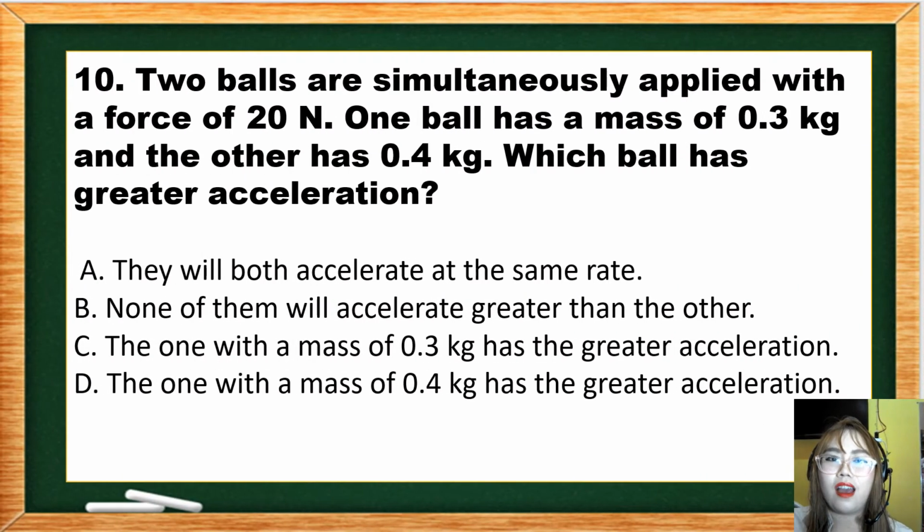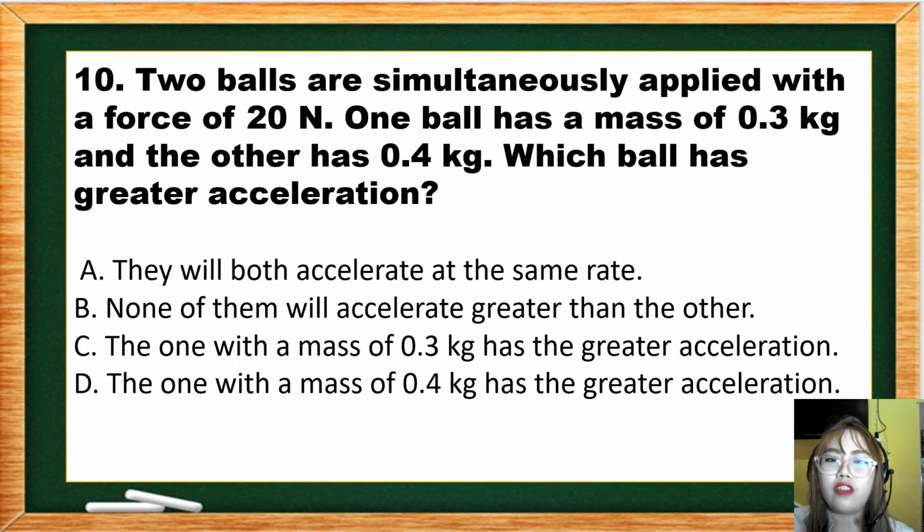Number 10. Two balls are simultaneously applied with a force of 20 Newton. One ball has a mass of 0.3 kg and the other has 0.4 kg. Which ball has greater acceleration? A. They will both accelerate at the same rate.